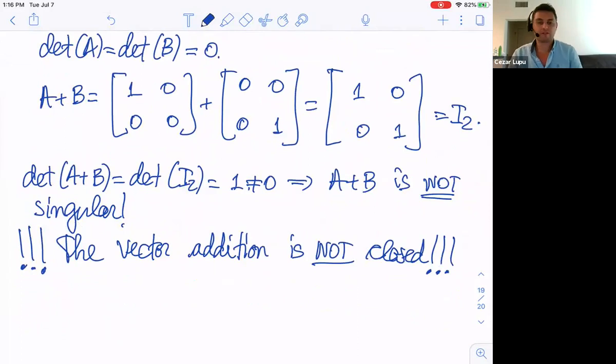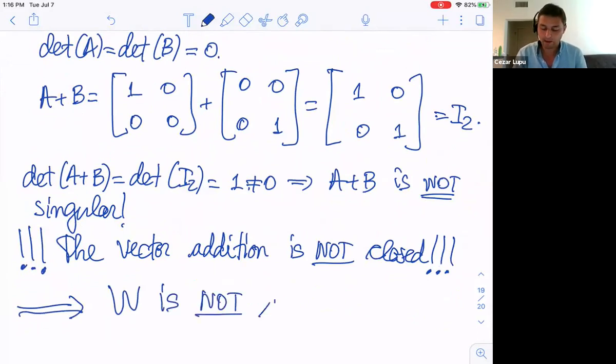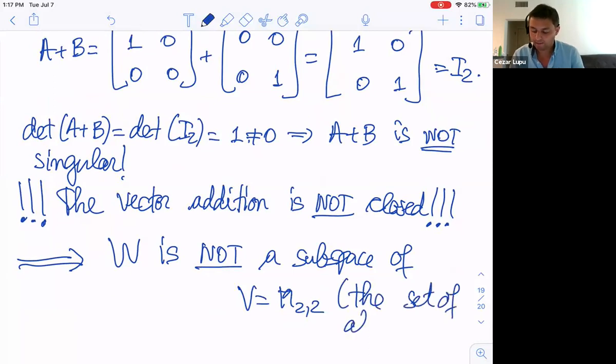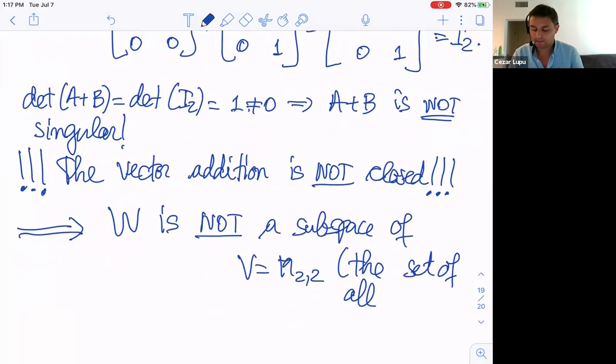If this doesn't hold, then we can conclude that one of the two axioms doesn't hold true. W is not a subspace of this vector space M22, which is the set of all 2 by 2 real matrices.